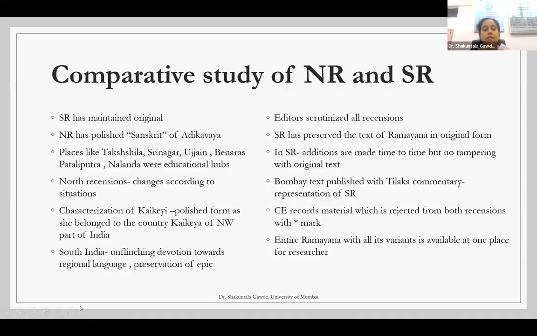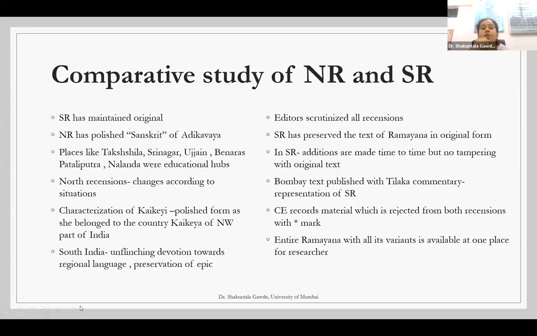So when they did the comparative study of the northern and southern recensions, what they felt is that the southern recension has maintained the original text, whereas the northern recension has polished the Sanskrit of the Adikavya, because Sanskrit was profusely studied in the north, and many places in the north were considered educational hubs at that time.